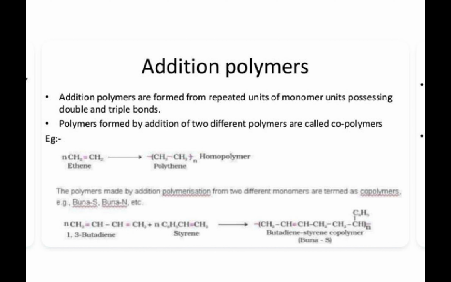So, from ethene you can get polythene, which is a homopolymer, and the polymers made by addition polymerization from two different monomers are called copolymers like buna-S, buna-N, etc. So, you have to study the structure well, and you can refer to the NCERT textbook also for the structure.